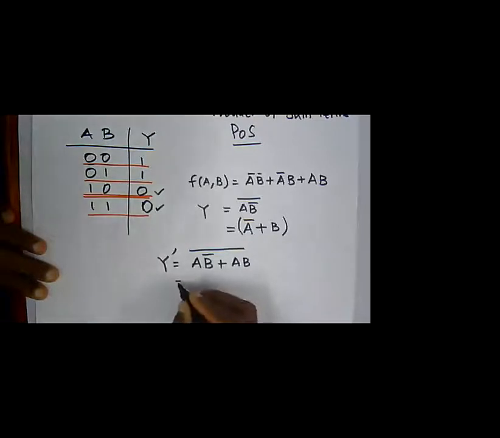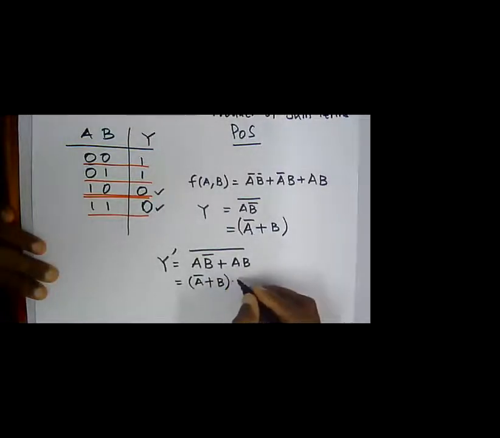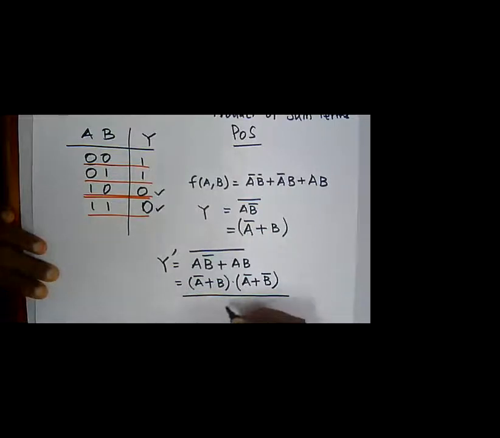Am I right? So we can rewrite this as A bar plus B double bar becomes B, so plus becomes dot, and A bar plus B bar. So this is called the product of sum or POS.